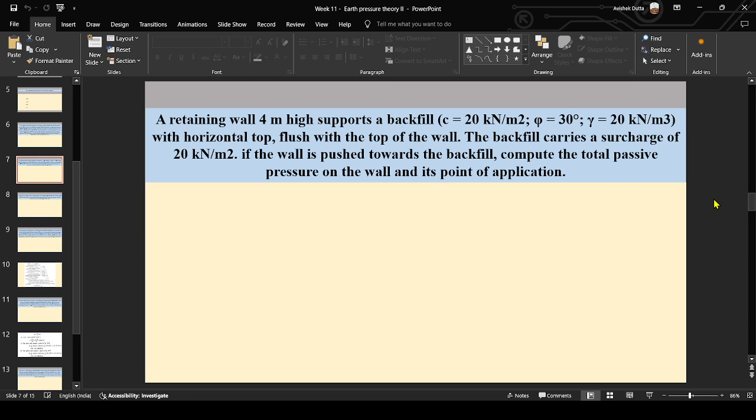There is no inclination of the top of the backfill surface. The backfill carries a surcharge of 20 kilonewton per meter square. If the wall is pushed towards the backfill, compute the total passive pressure on the wall and its point of application.